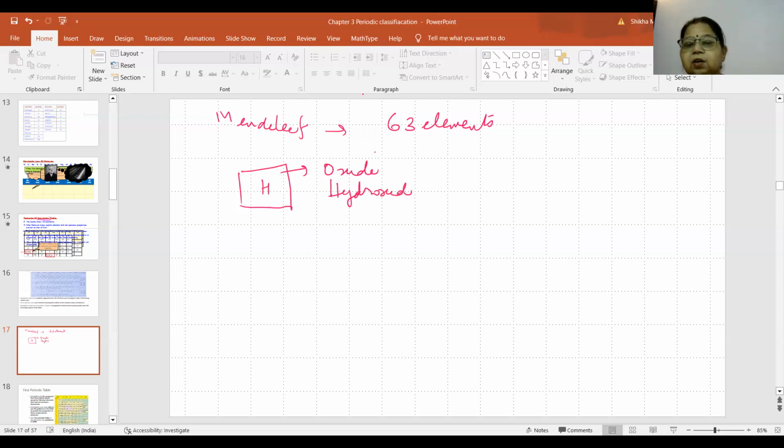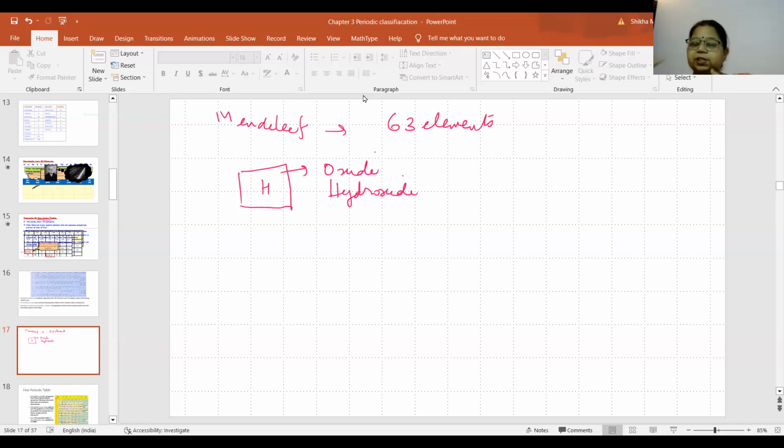Maybe a question comes to your mind, why oxide and hydroxide? Why not chlorides and sulfates and all those compounds of other anion families? Honestly speaking, the reason is very generic and obvious. Oxygen is in abundance. Whatever we are doing, whatever we are teaching, studying, we are doing in the atmosphere of oxygen itself.